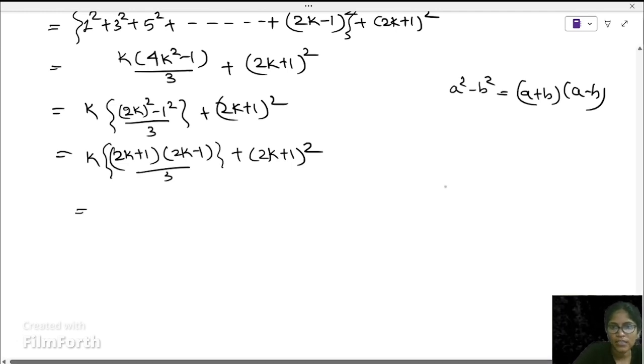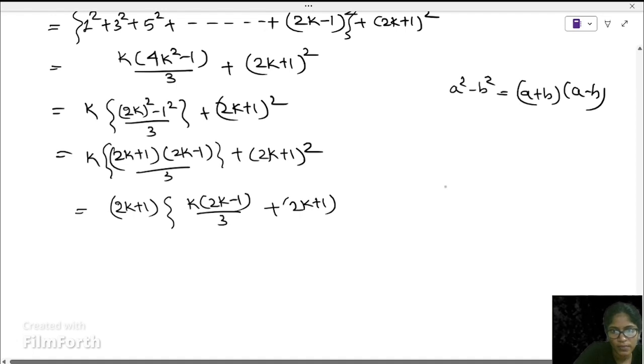Which is equal to taking 2k plus 1 common. 2k plus 1 into k into 2k minus 1 by 3 plus 2k plus 1.